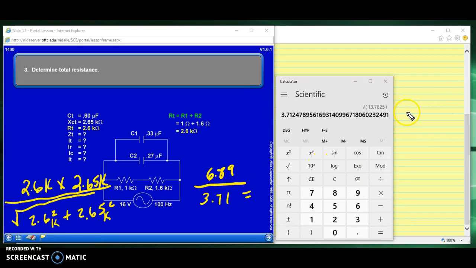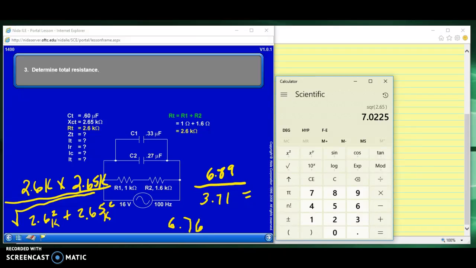Let's try that one more time just to make sure I did not mess up. So 2.6 squared is 6.76. So I'm going to write down here, 6.76. And then I'm going to say 2.65 squared.